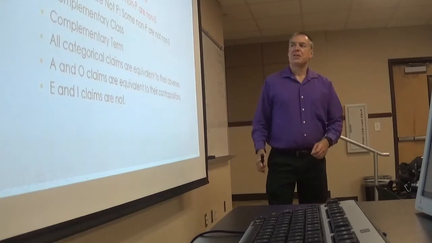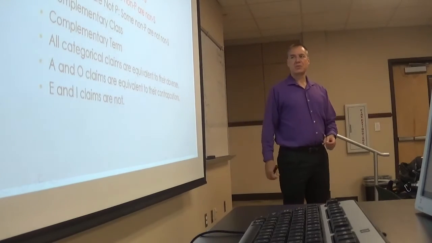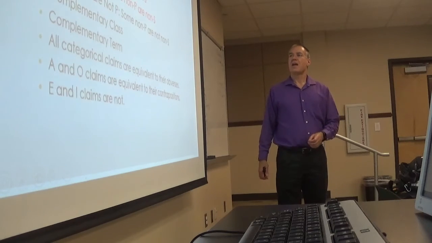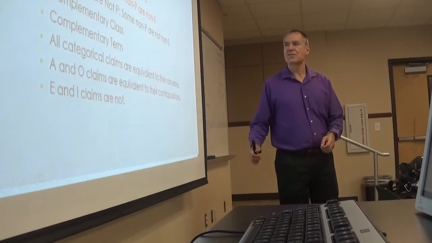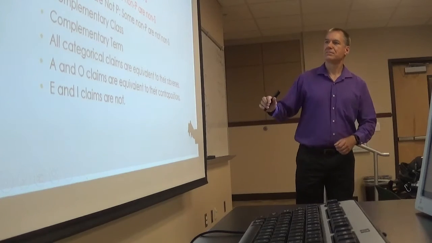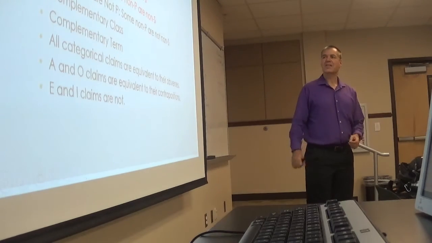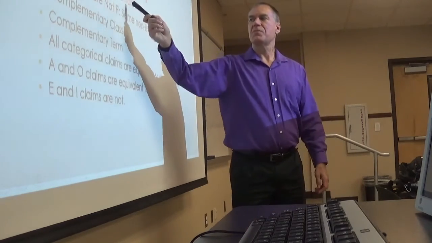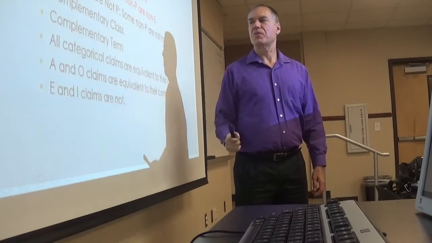The I claim, some S are P, contraposes to some non-P are non-S, and it ends up being not correct. And the reason, again, is that this could be true and this could be false, or this could be false and this could be true.